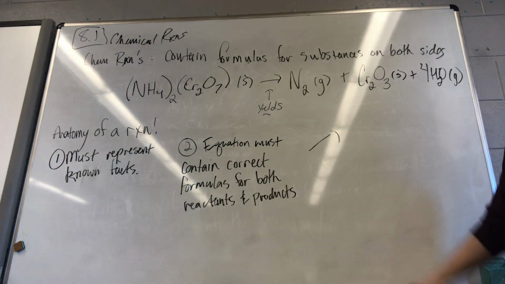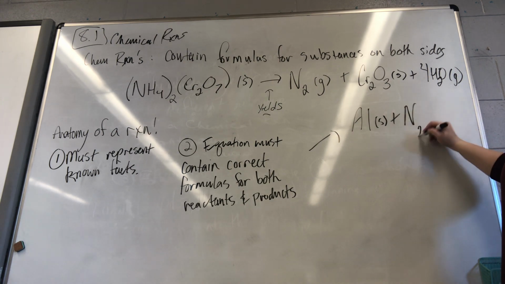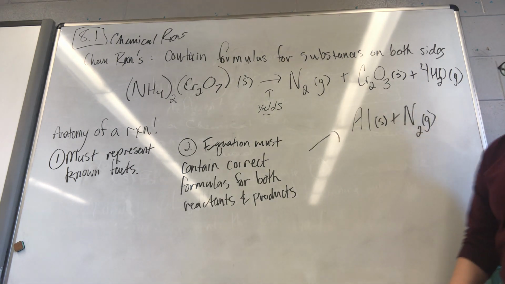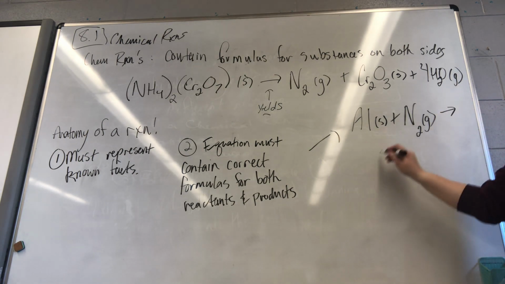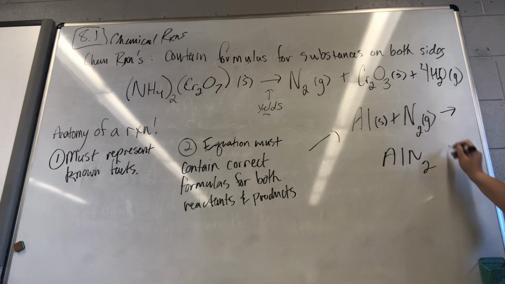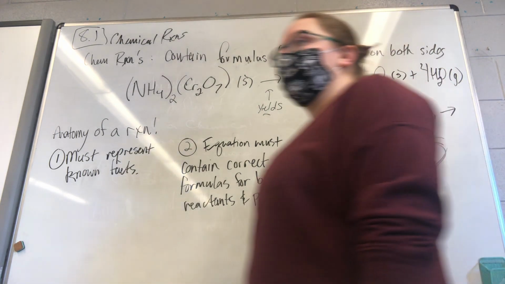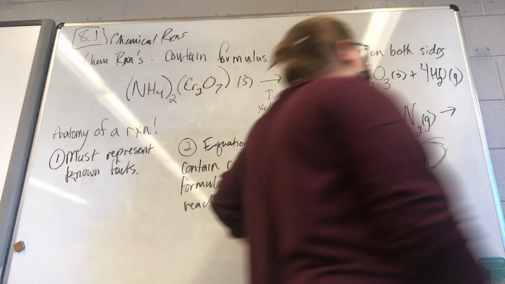Real quick, this is why yesterday, when you were writing your formulas for what you were working on, you were not just supposed to write this. Okay? Because that's not how those things would really combine. The real formula for aluminum combined with nitrogen would have been based on its charge.